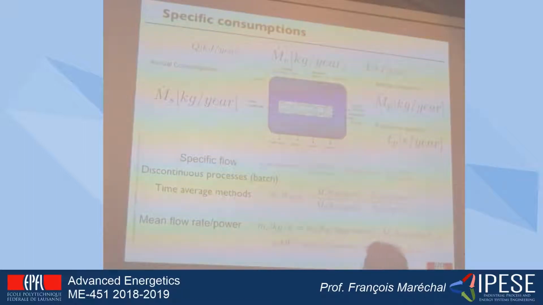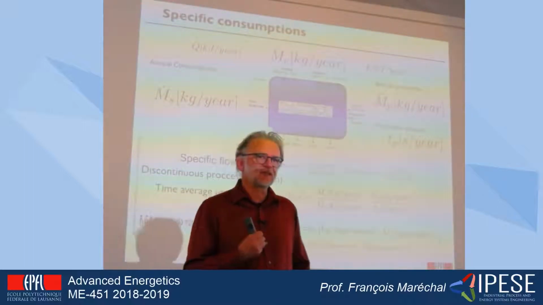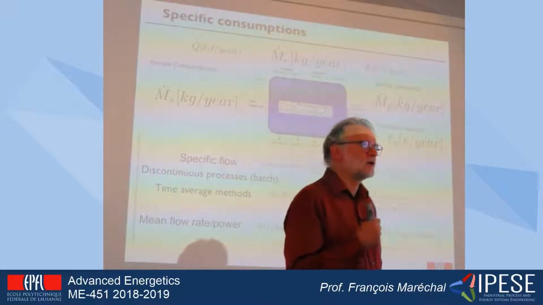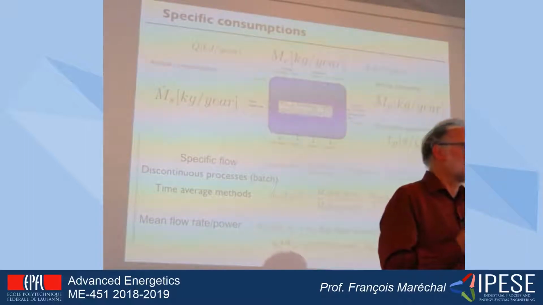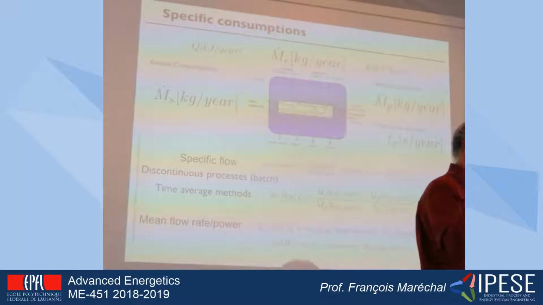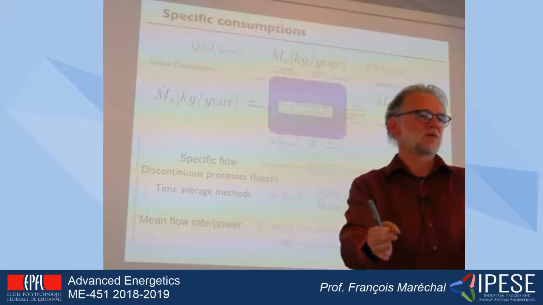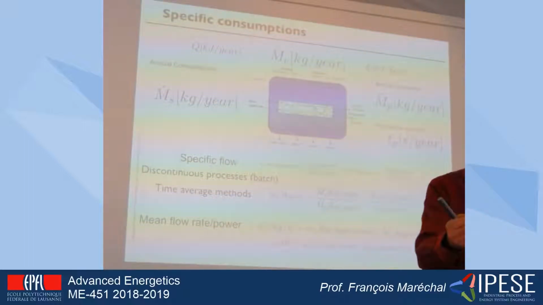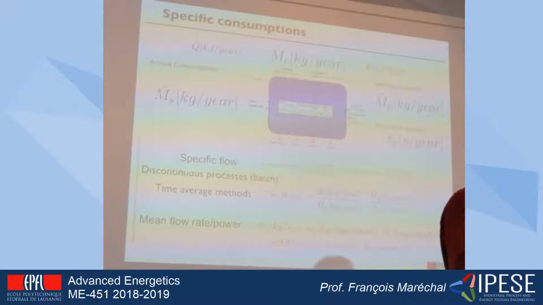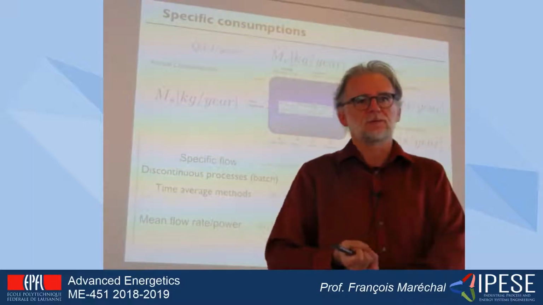Another dimension that is important is the fact that sometimes the processes are not operated in a continuous way. An example is the beer production. So if you produce beer in your house, what you will do is that first you will heat the pots with the mixture. Then you will evaporate, and this will make a hydrolysis. And then you will cool the content and you will put it into a refrigerator.